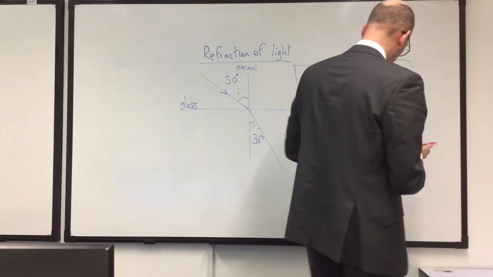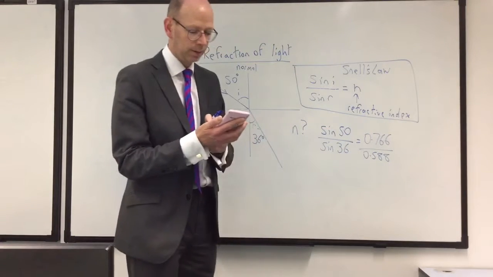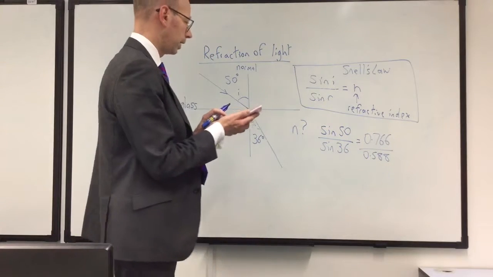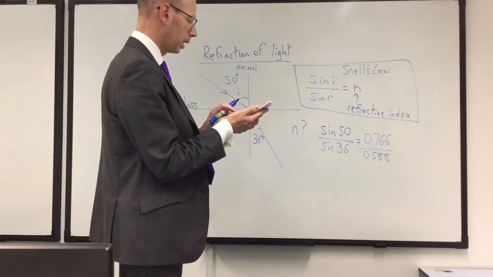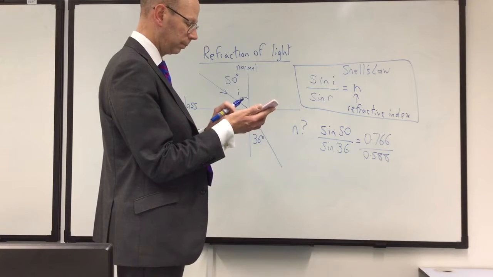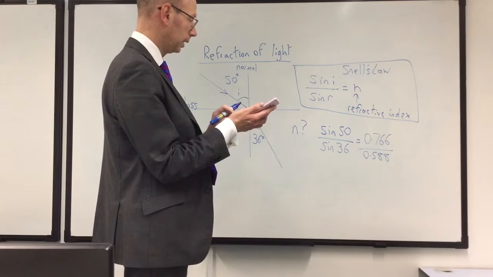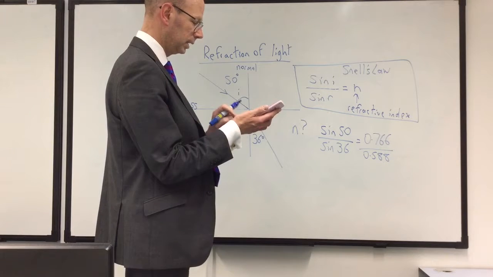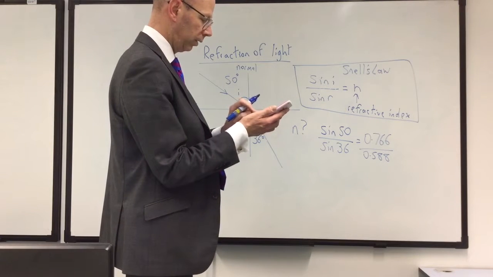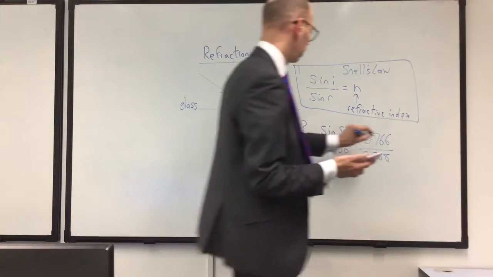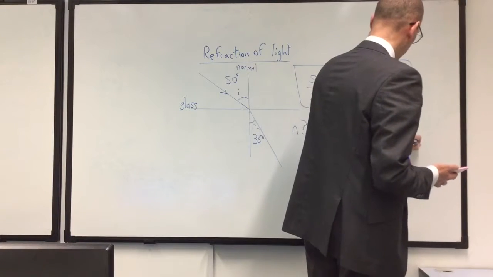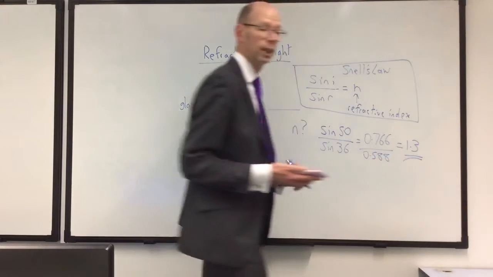I'm just going to round that to the nearest decimal place there. So we do that on our calculator, 0.766 divided by 0.588, and we get a value of 1.3. Okay, so the n value for this is 1.3.